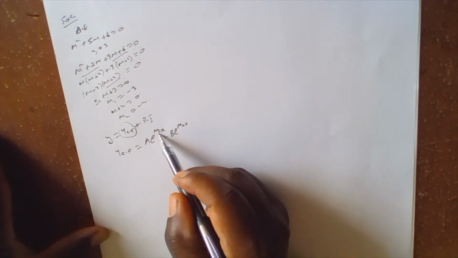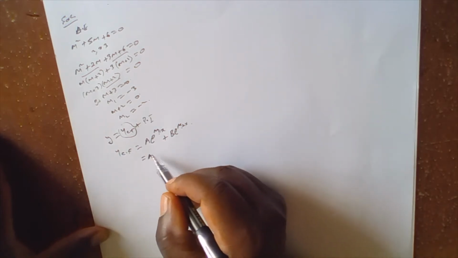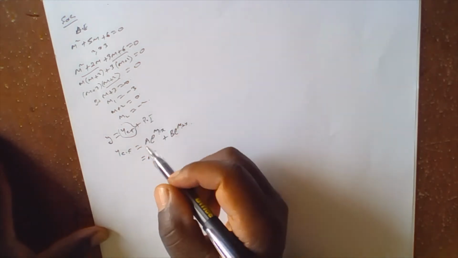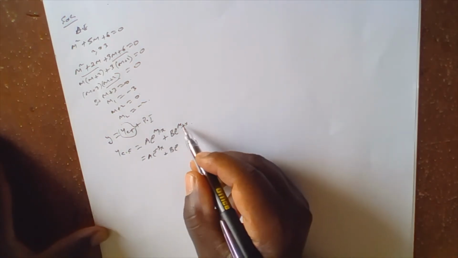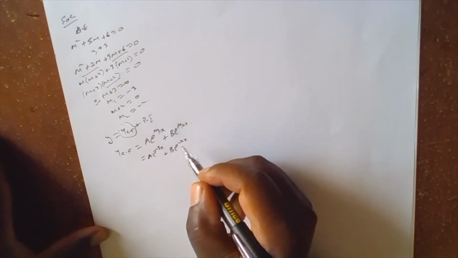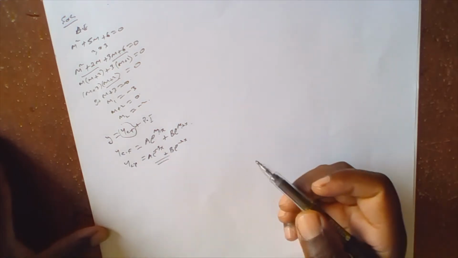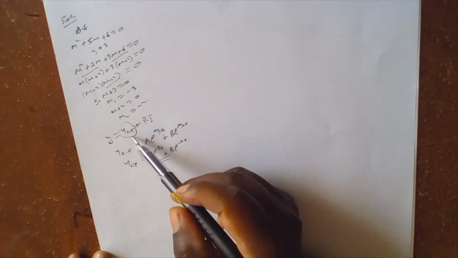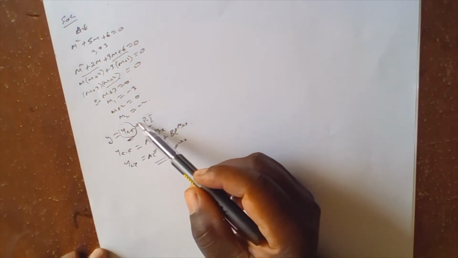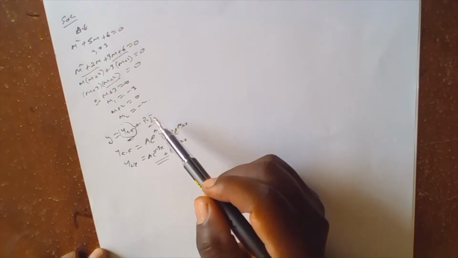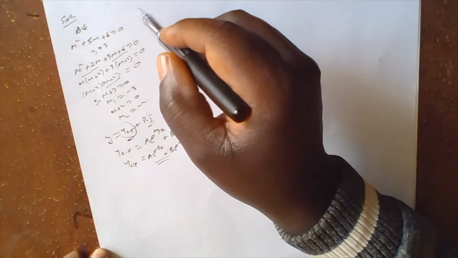Now that we have m1 and m2, our complementary function becomes a e^(-3x) + b e^(-2x). So this is our complementary function, meaning we have gotten this section, and we remain with this section. We also need to calculate the particular integral. Once we get the particular integral, we shall add it on to get the general solution.